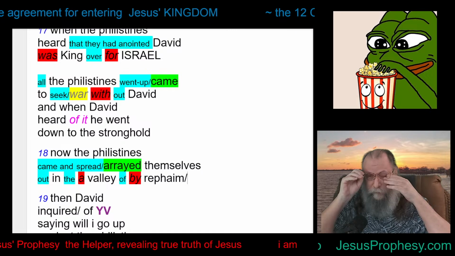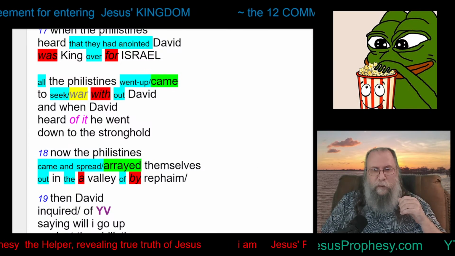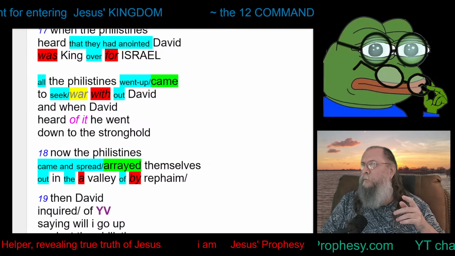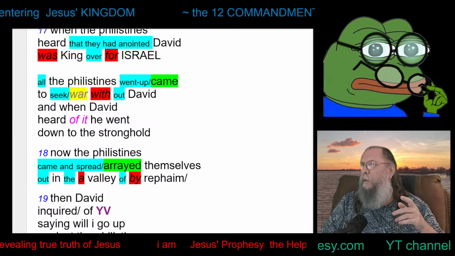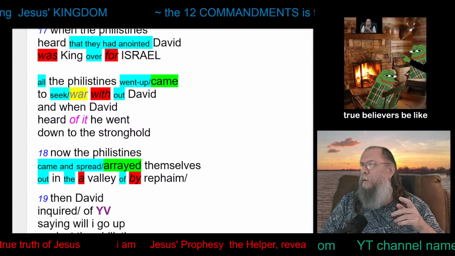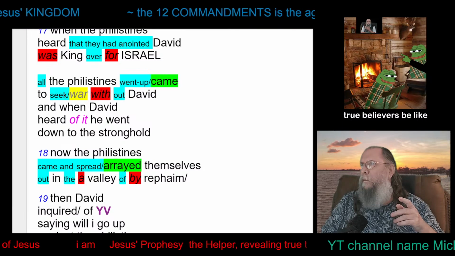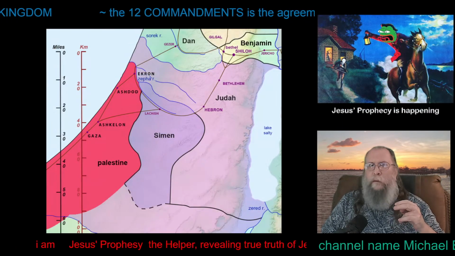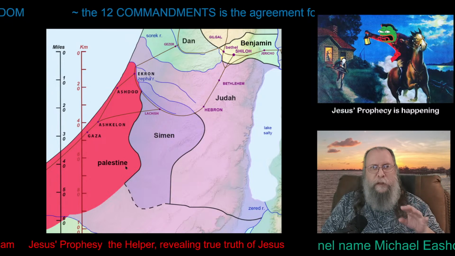Now, I do have some maps that when I'm looking at and thinking about them in my head, okay, now this is when Saul was king, I believe.